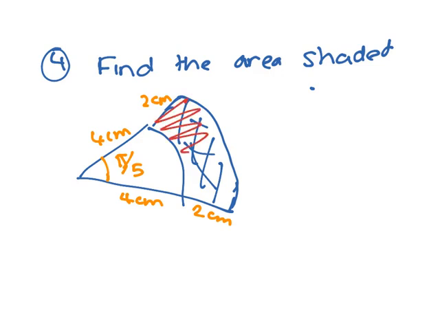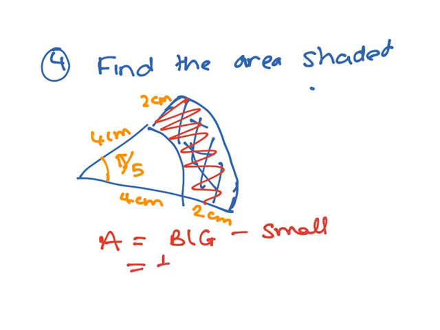Okay, if we want to get this shaded area here, the area is the big sector minus the small sector. So it's a half R squared theta, I'll put a big R, minus a half little r squared theta. So big R is 4 plus 2, which is 6.